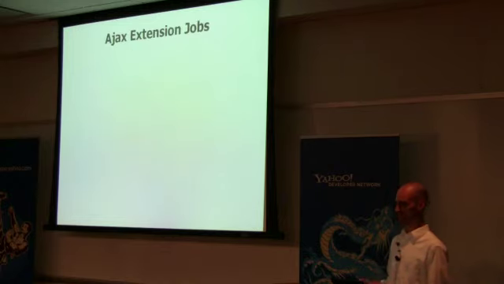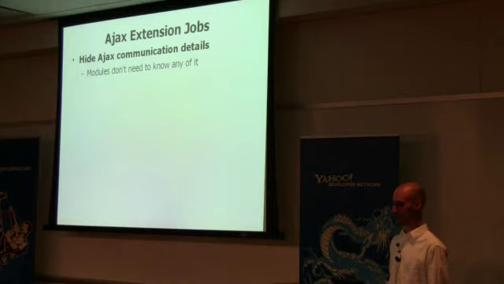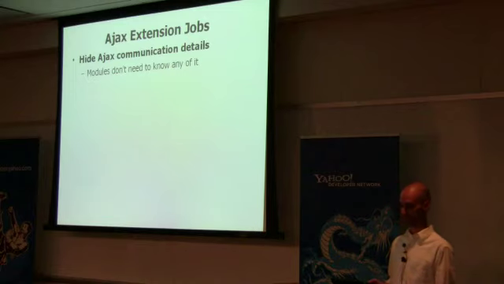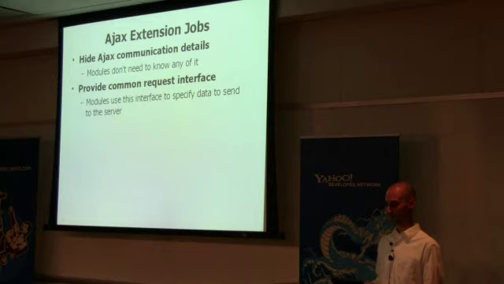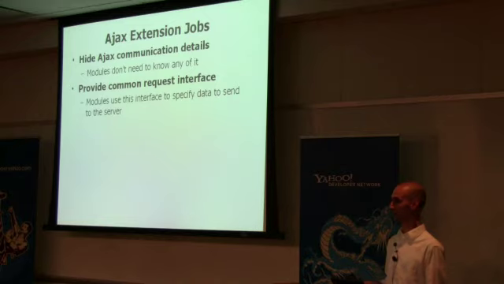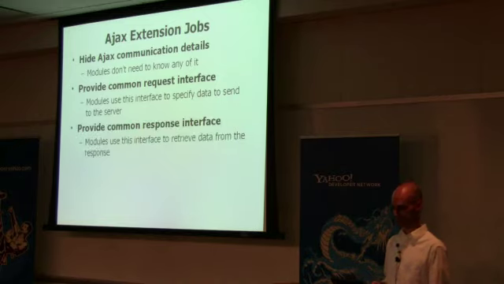So the jobs of the Ajax extension: hide all of those details. Modules don't need to know any of it. It's really irrelevant to what they're trying to accomplish. Provide a common request interface. So that basically means, hey, name-value pairs that I'm going to send in, and it doesn't need to know anything about the actual format of that.